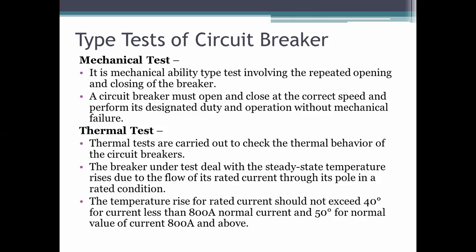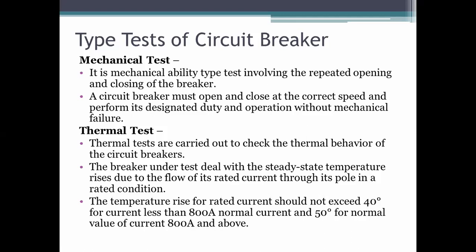The temperature rise for rated current should not exceed 40 degrees for normal current less than 800 ampere, and 50 degrees for normal current of 800 ampere and above. So what is the limit for the temperature rise?